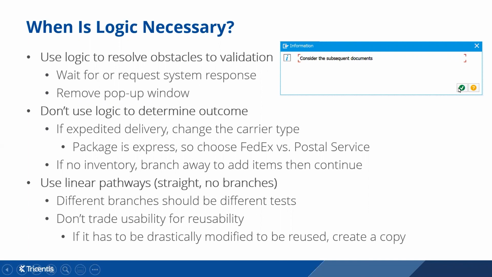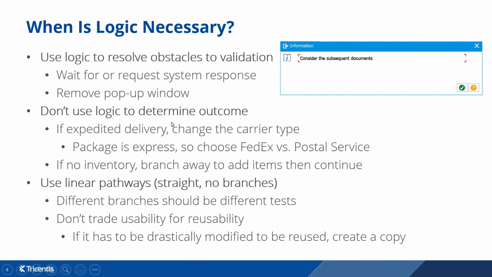If it exists, press it. If it doesn't, just carry on to the next step in the process. And again, as I said, you may have some system response problems, particularly with posting things in the back end, where you need to put a wait statement in there to just wait 30 seconds or something to give it time to post.